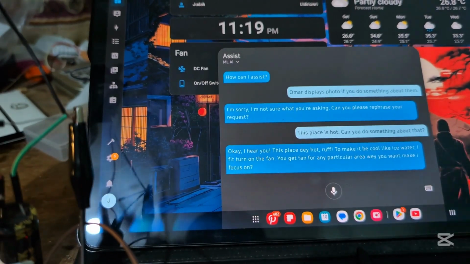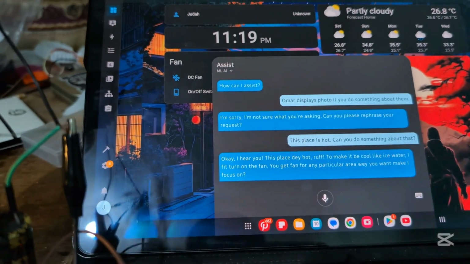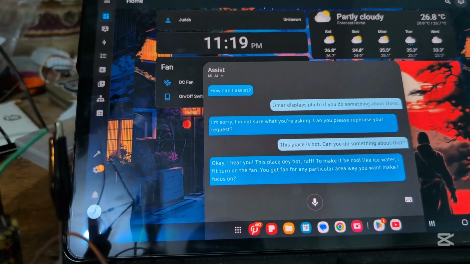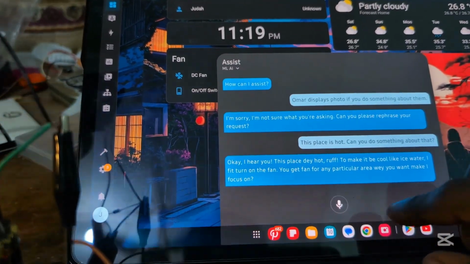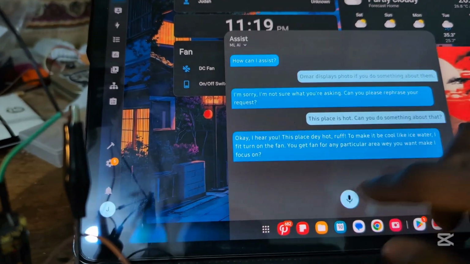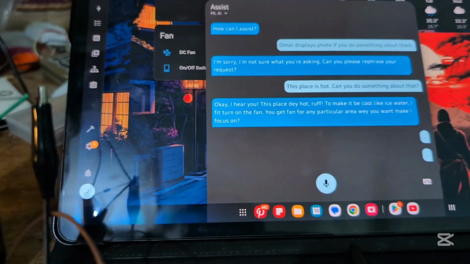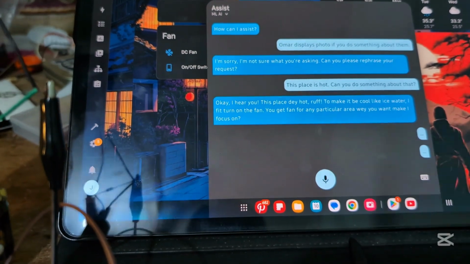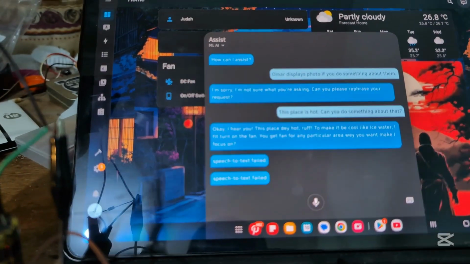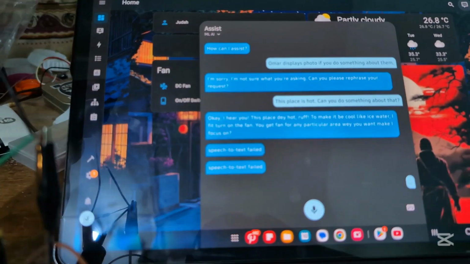Okay, I hear you. This place dey hot, rough. To make it be cool like ice water, I fit turn on the fan. You get fan for any particular area where you want make I focus on? Yes, just turn on the fan in the living room. Turn on the fan.